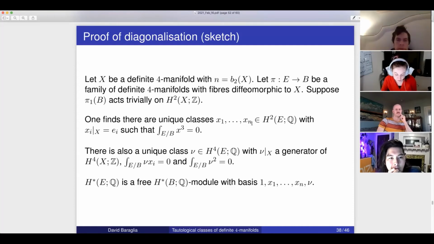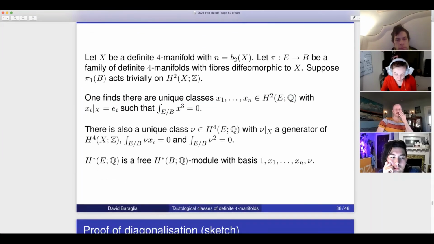In fact you can lift those to classes in H2 of the family that restrict to e_i on the fibers, and such that if you integrate the cubes you get 0. This condition is just a kind of normalization condition that makes these classes unique.